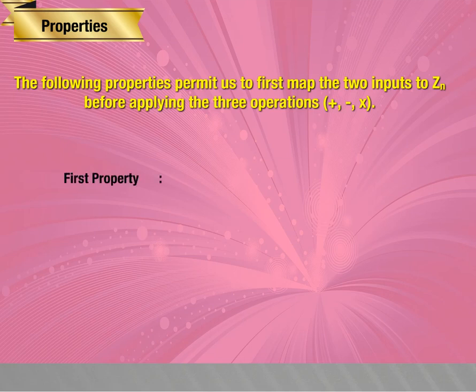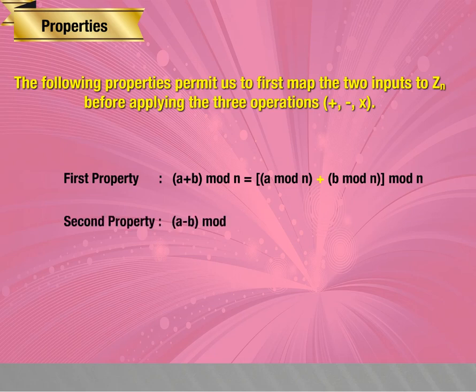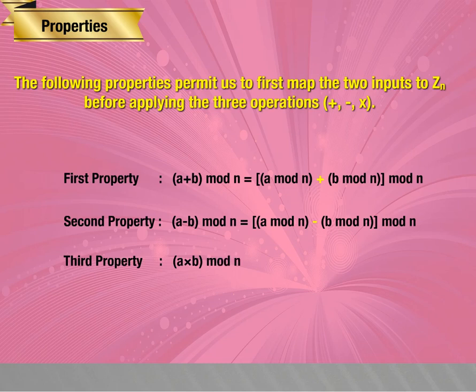First property: (a + b) mod n is equal to ((a mod n) + (b mod n)) mod n. Second property: (a - b) mod n is equal to ((a mod n) - (b mod n)) mod n. Third property: (a × b) mod n is equal to ((a mod n) × (b mod n)) mod n.